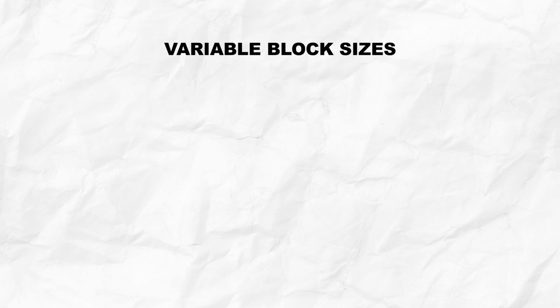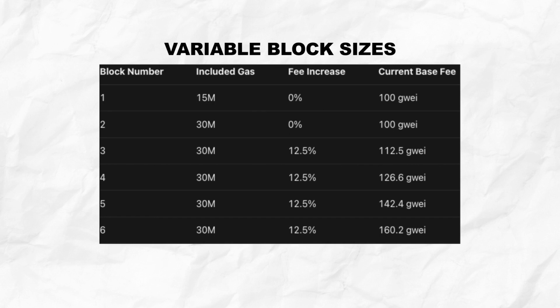The upgrade introduced variable size blocks to Ethereum. Each block now has a target gas limit of 15 million gas, but the size can be increased or decreased along with network demand, up to a maximum of 30 million gas.